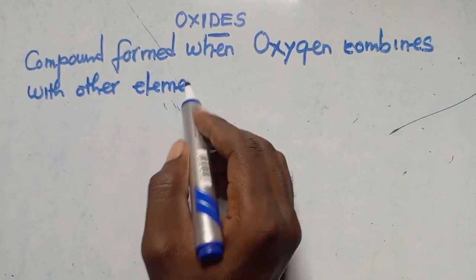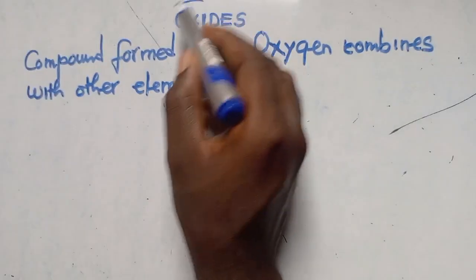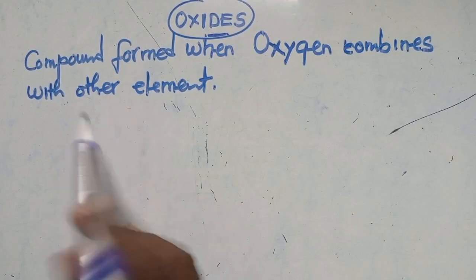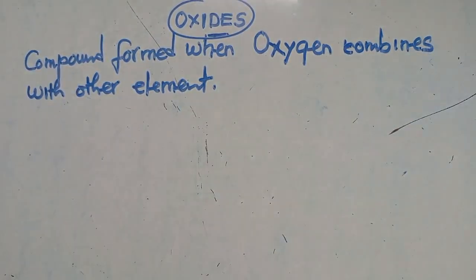So that compound that is formed is what we call an oxide. So what is an oxide? An oxide is a compound formed when oxygen combines with any other element.